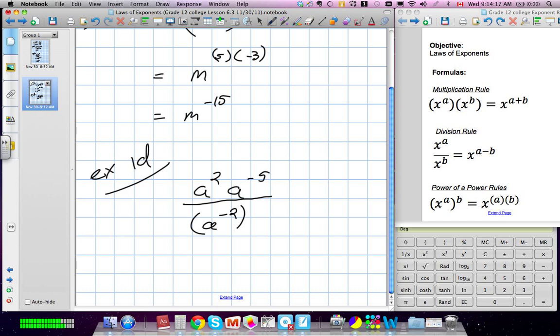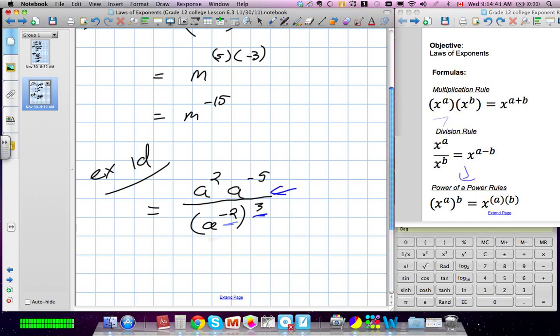The top of this fraction has 2 bases the same that are multiplied by each other. So that's our multiplication rule. On the bottom, we have a base and a power of a power. That's our power of a power rule. And those answers are divided by each other, so we'll eventually get into the division rule. 3 different things put all together.